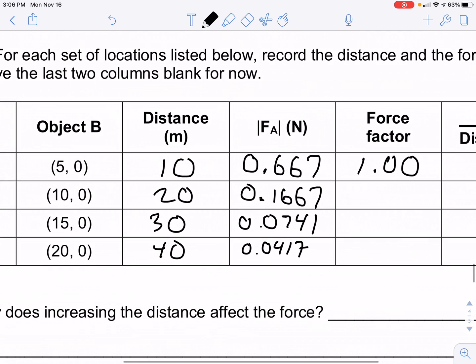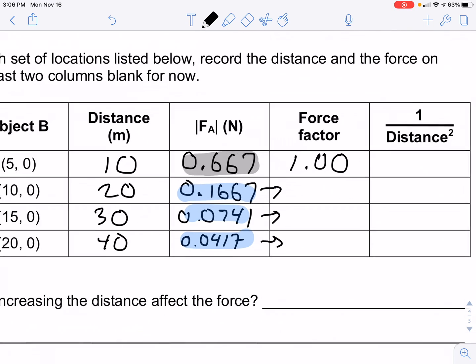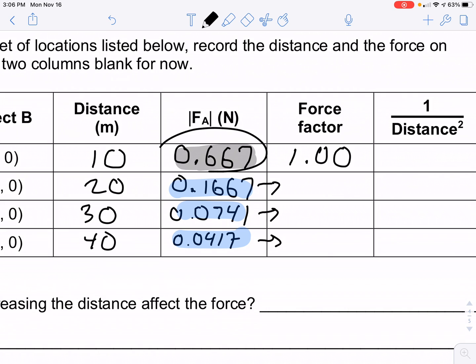We're going to take this value here and divide it by each of these values to get the respective force factors. So let's do the first one. 0.0667, divide that by 0.1667, and we get a force factor of about 4.0011. We'll just say a force factor of 4.